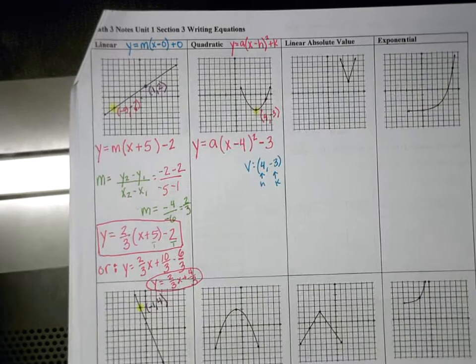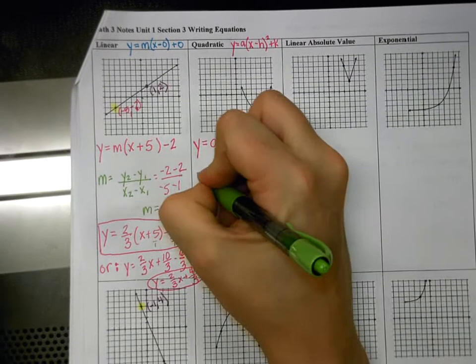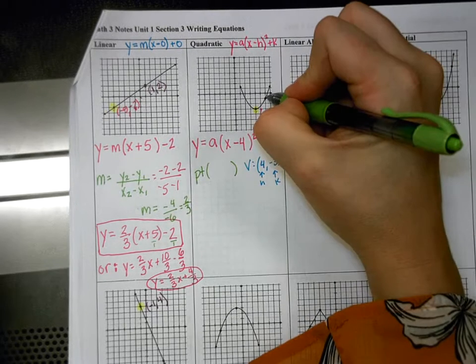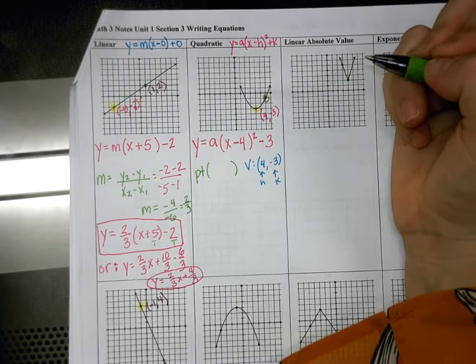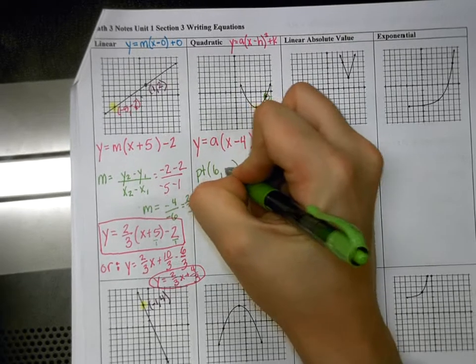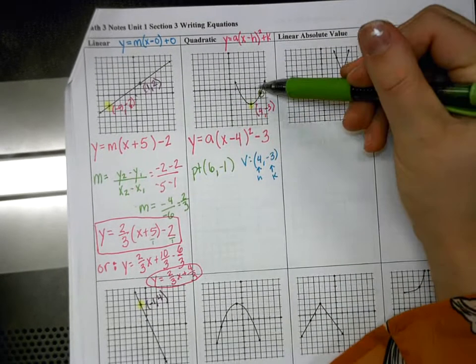So I'm going to find a second point on my graph, which is this one right here. That point is 6, -1: over 6, down 1.